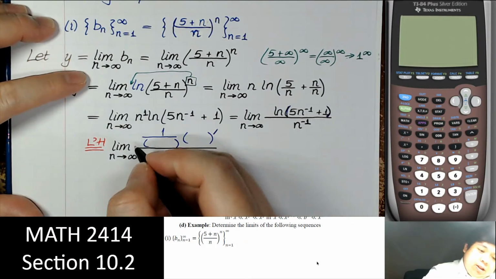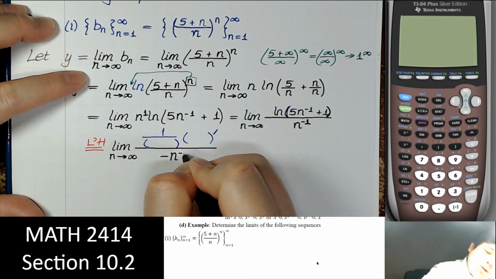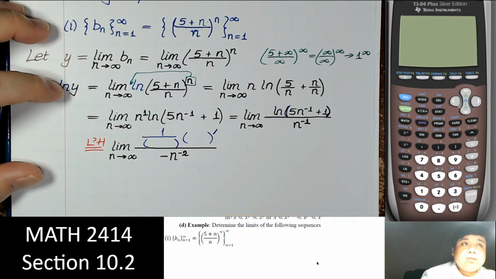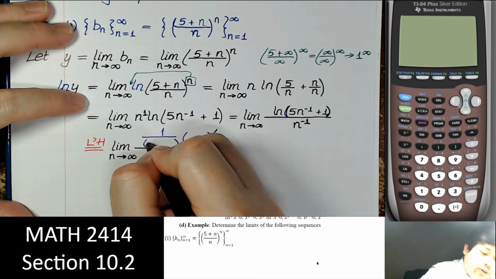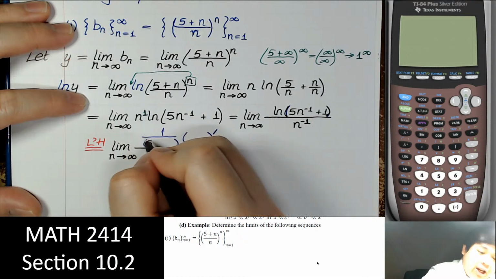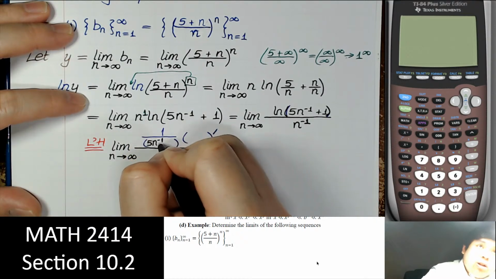Derivative of the bottom is negative n to negative 2. Right, so I have 5 n to negative 1 plus 1.